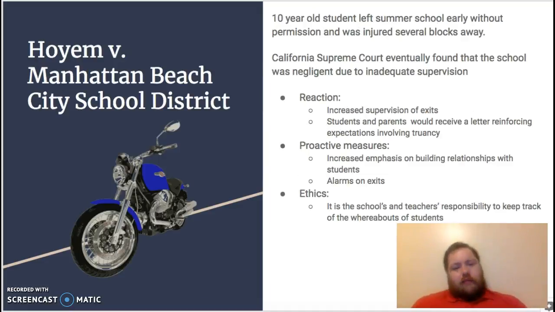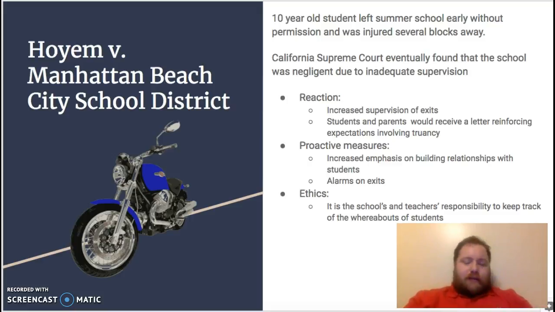The second case we're going to talk about is Hoyam versus Manhattan Beach City School District. In this case, a 10-year-old student attending a summer program decided to leave early without permission. The student just left, and about 4 blocks away, while crossing the street, the student was hit by a motorcycle.